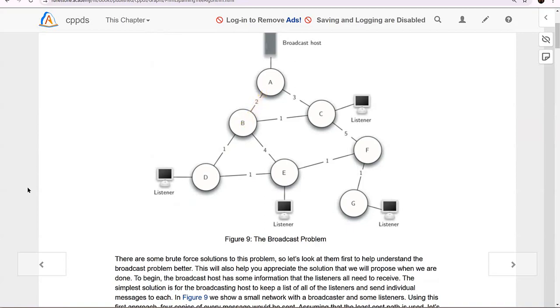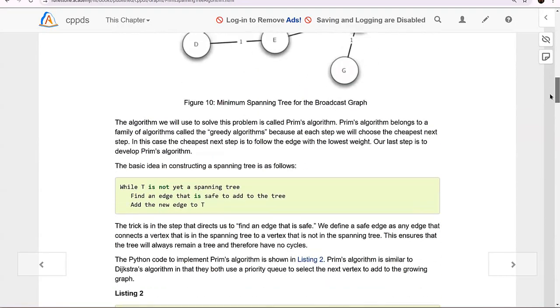Basically you try to find the nodes that are not connected to each other, not in the same group. You try to find a new node based on the edges, that's not disjoint. Okay, so that's actually Kruskal's algorithm.